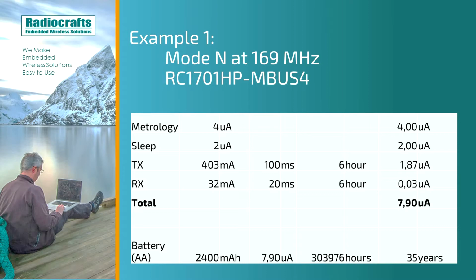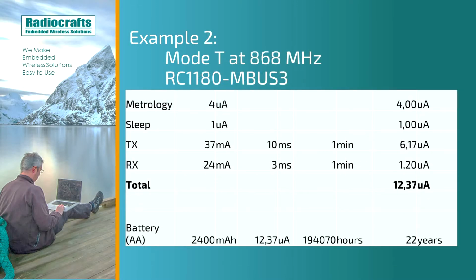So if we look at a battery, a typical AA cell of 2.4 ampere hours, with this average current of 4.9 microamps, we have more than 300,000 hours of battery lifetime. That is more than 35 years. Of course, the self-discharge of the battery and any leakage in the supercap will reduce that number. But it is feasible to build systems with more than 15 or even 20 years of battery lifetime.